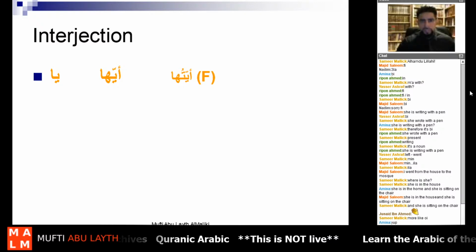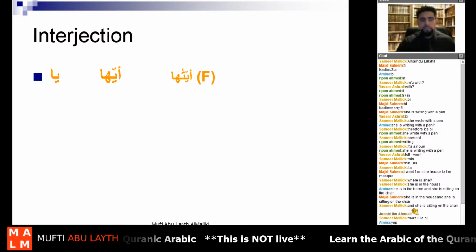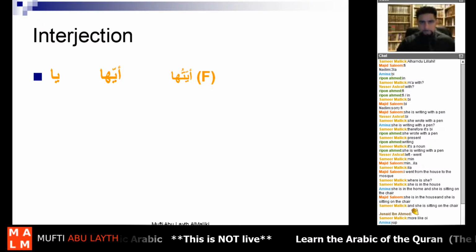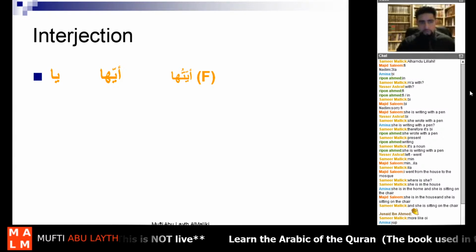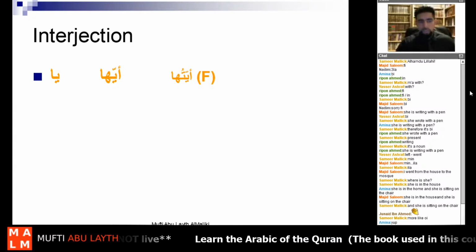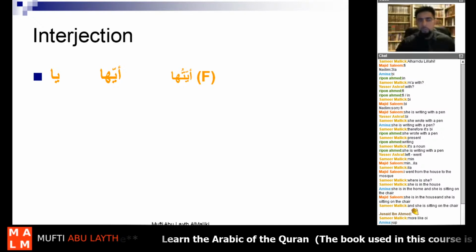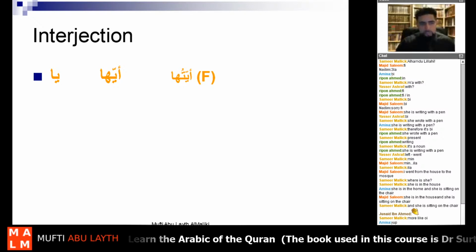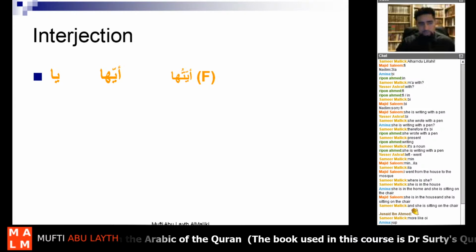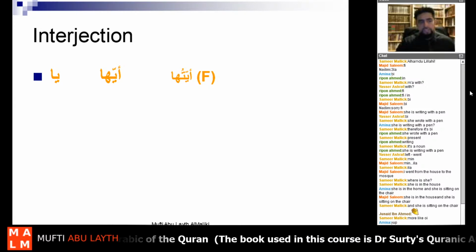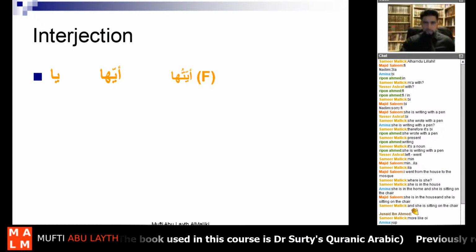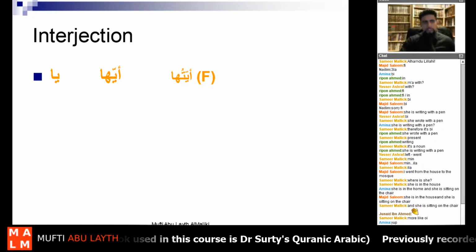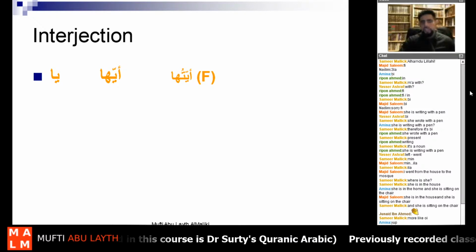You add it together, and it makes the word whose. Another example is min, from, plus the question word ma, what, to mean mimma, from what. But mimma is written quite uniquely in the Quran. As you can see, the alif at the end is dropped, and this is merged in. That's the style of the Quran. First of all, the fact that it merges in is very natural.